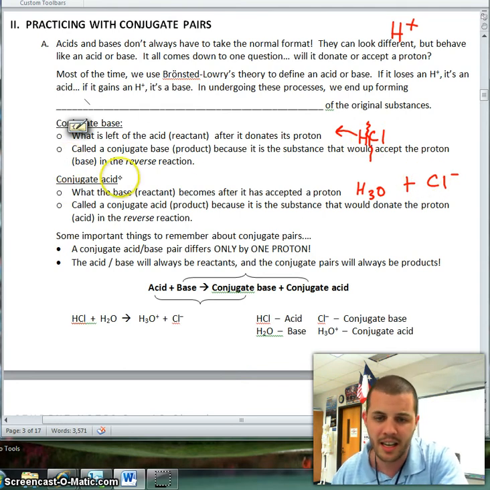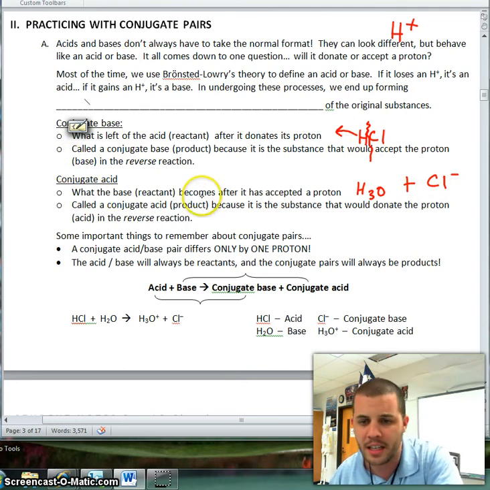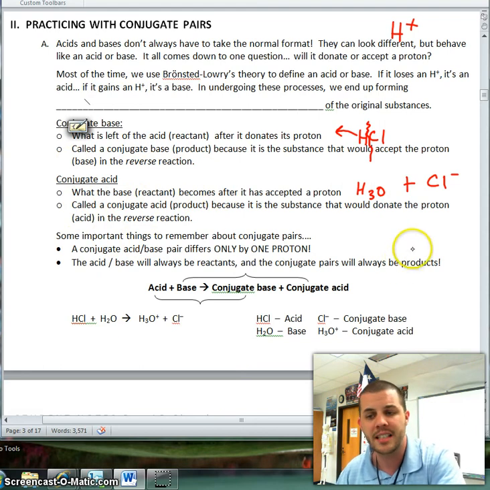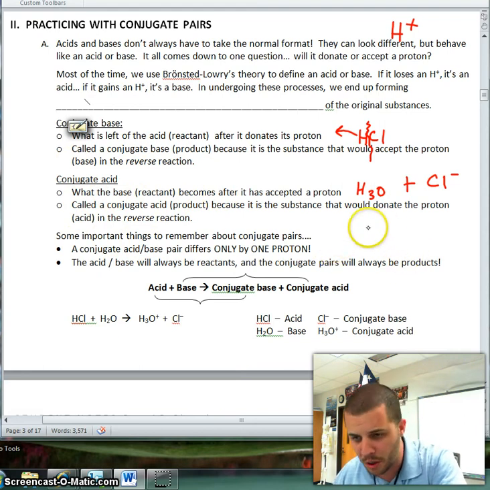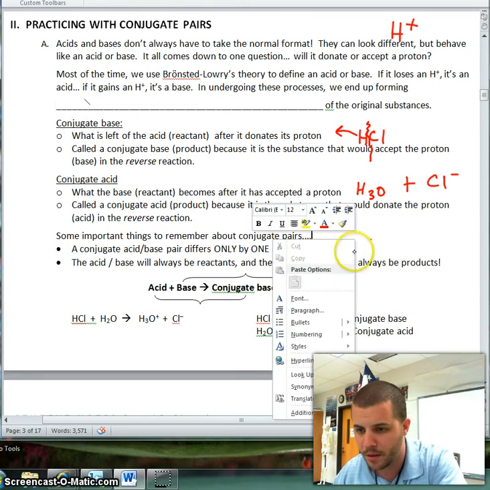A conjugate acid is what the base or reactant becomes after it has accepted a proton. So let's see, what's a base we can use? Let's look at NH3.